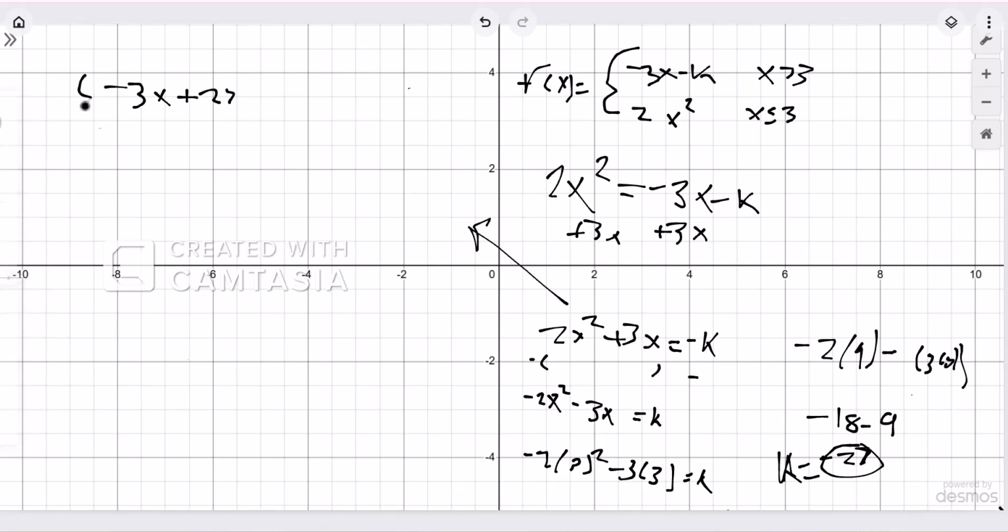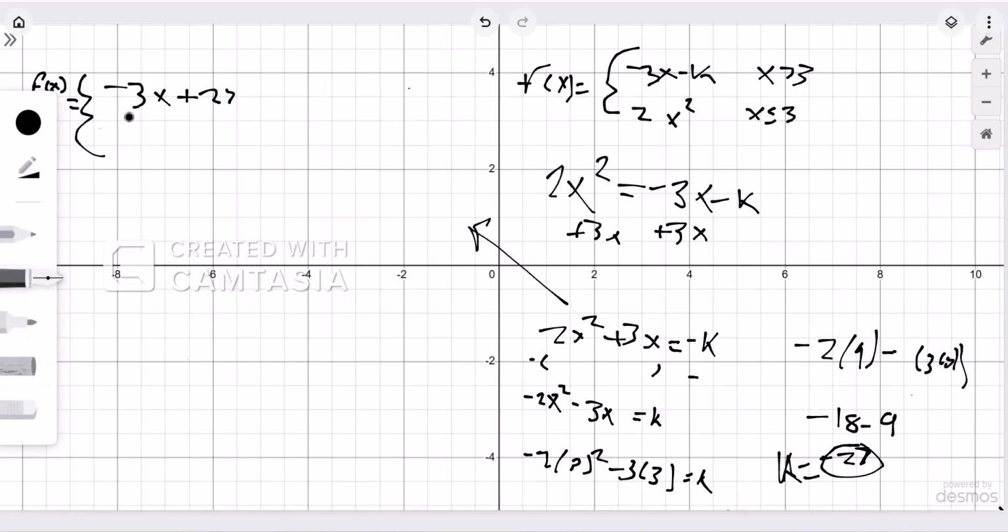Let me do f of x equals this, and the bottom will be 2x squared. So this is what we found out, and this is the function when x is greater than 3, and this will be the function when x is less than or equal to 3.